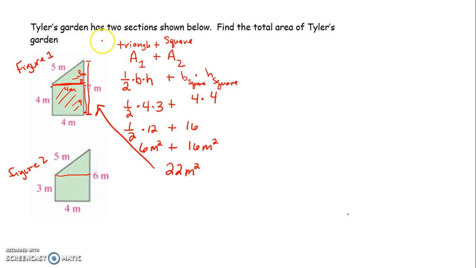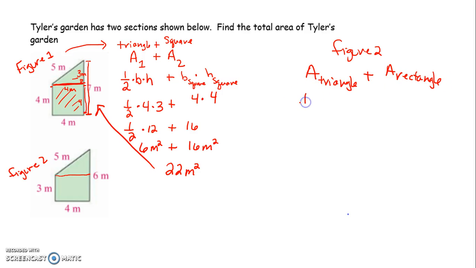So this was the area of figure 1. Now I'm going to do the area of figure 2. Figure 2, again, we have an area of a triangle. We're just going to add on to that the area of the rectangle at the bottom of it.